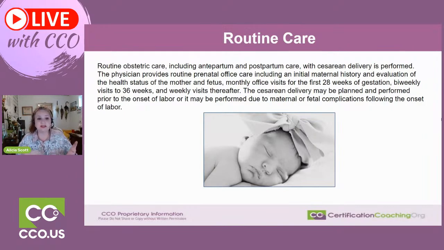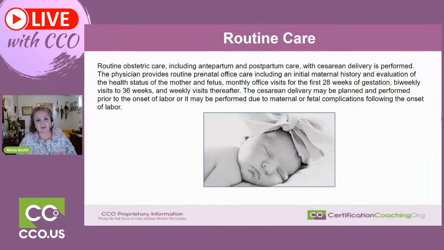But routine care is going to include the antepartum care, meaning before the delivery, when the mama finds out that she's pregnant, and she will go initially usually to establish care, and then show that she's pregnant. They'll run a test, and if you have insurance, they'll be able to submit it to the insurance company saying, okay, we're starting antepartum care, as well as postpartum care.